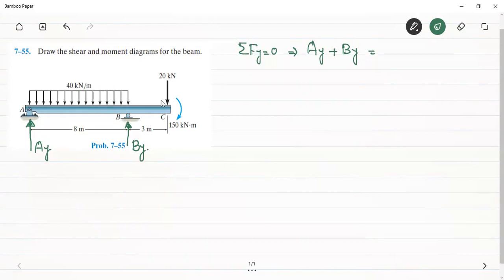So we can see that there is a point load of 20 kilonewton, and there is a uniformly distributed load whose intensity is equal to 40 kilonewton per meter, and it is acting over a length of 8 meters. Therefore, if we want to calculate the total load on account of this UDL, this will be given by the area under the loading diagram, that is equal to 40 into 8. So this will be 320 plus 20, that is, this will be equal to 340 kilonewtons.